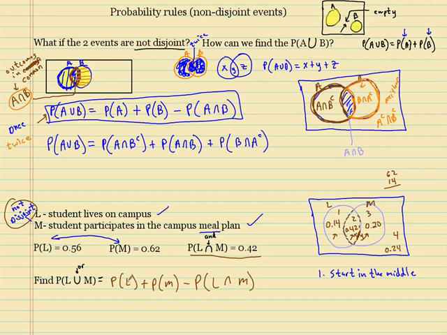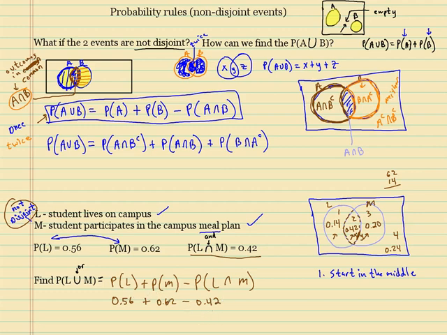Okay, so the probability of L, that's the whole L. You didn't really have to do this Venn diagram here, but it's good to know. 0.56. What's the probability of M? 0.62. Minus the probability of living on campus and having a meal plan, 0.42.